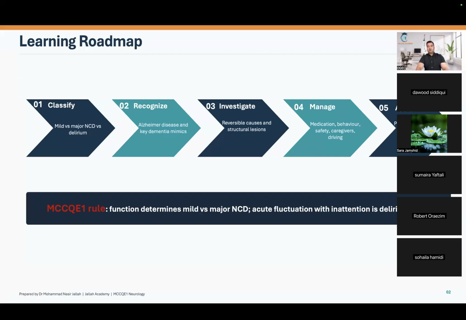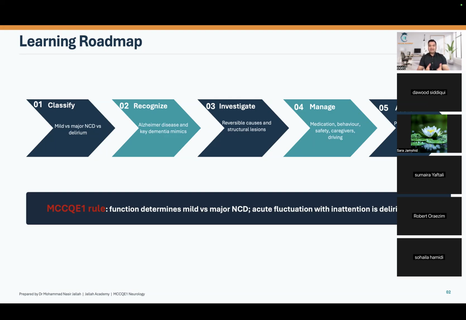Today, from this lecture, we should be able to know how to classify when it comes to neurocognitive disorder, whether it is mild, or it's a major neurocognitive disorder, or it is something like delirium, which is acute confusion.